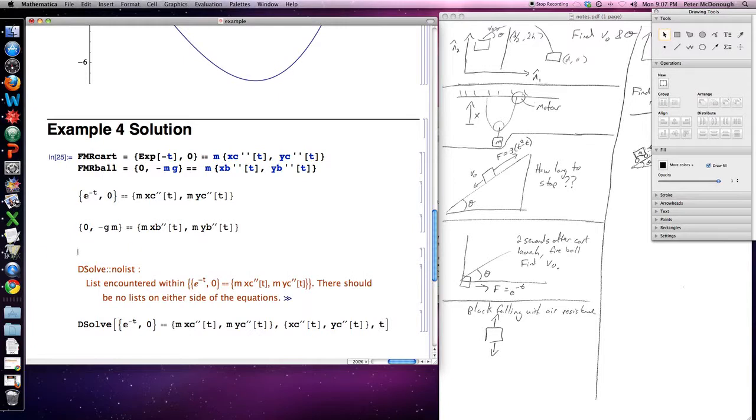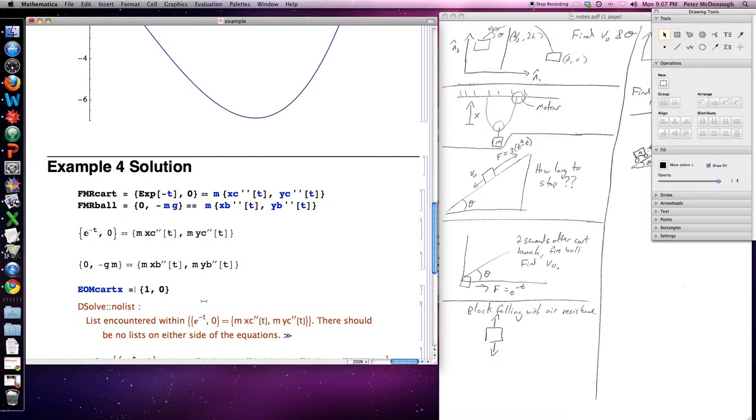So usually the way I do this is I'll say equation of motion cart x is equal to the x direction of this vector. So you guys remember how we pull out the x component of these vectors? Remember, we dot it with that x direction. So what's a unit vector in x here? It's equal to 1, 0.